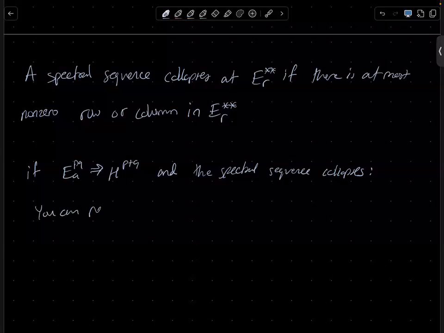You can read off H star from the E infinity terms.